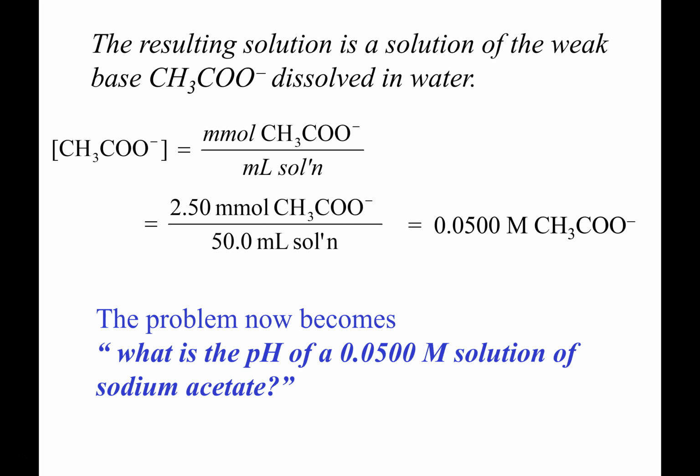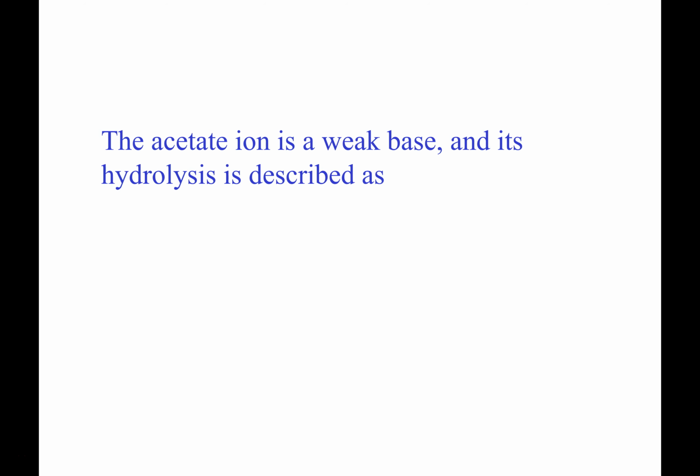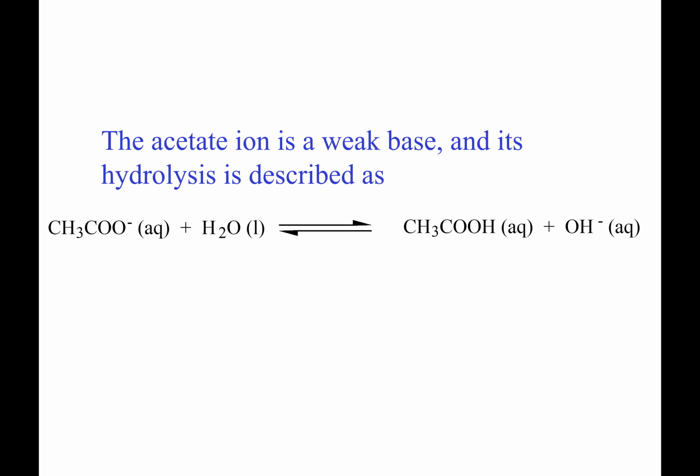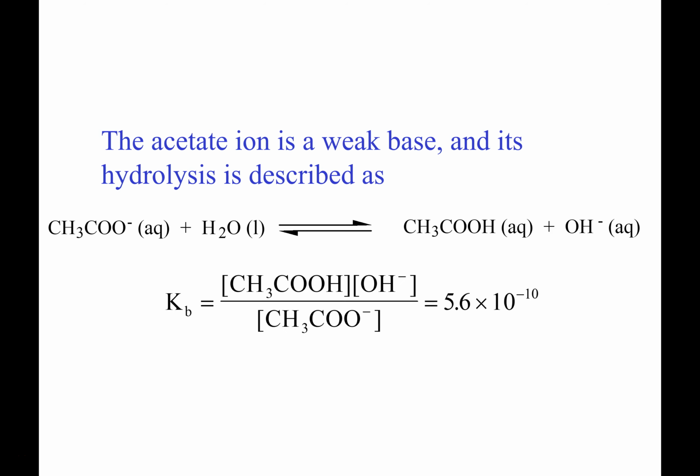That sounds like a threat. Okay, now here we go. If I was working this problem, I would definitely do what I did on the board and what you see on the slide. I would write out the equilibrium for the weak base, what it's doing chemistry-wise. CH3COO negative, the acetate ion, will interact with water this way to form acetic acid, CH3COOH, and a hydroxide ion.